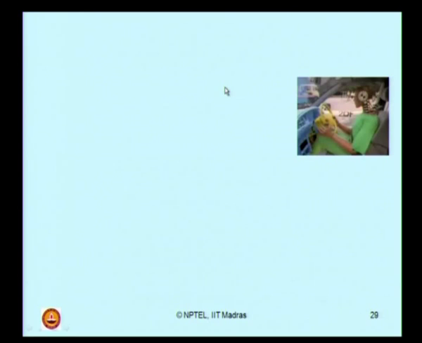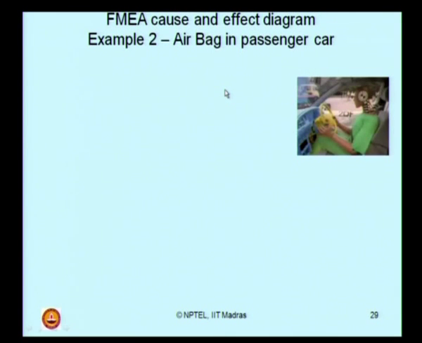Now, I want to prepare a cause and effect diagram to perform an FMEA on an airbag in a passenger car. Ladies and gentlemen, all of you know what the function of an airbag is. So, look at this video very briefly, you will be able to easily identify the primary and secondary functions of the airbag system in a passenger car.